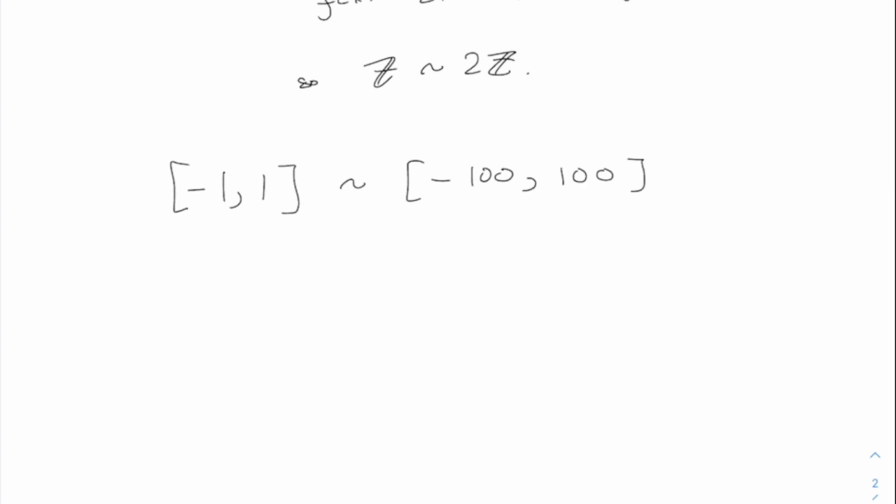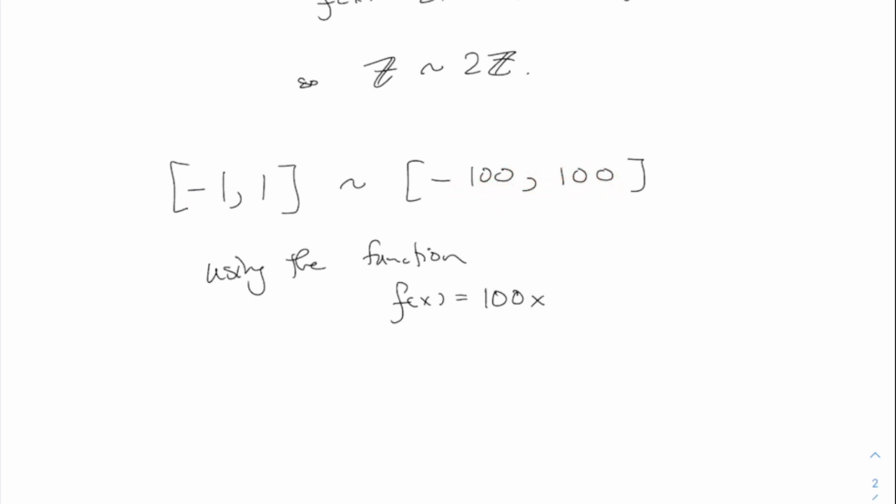This is really not much different from before. What function should I use here? f of x equals 100 times x, right? That takes any number in this range and blows it up by a factor of 100, and what you end up with is this thing over here.